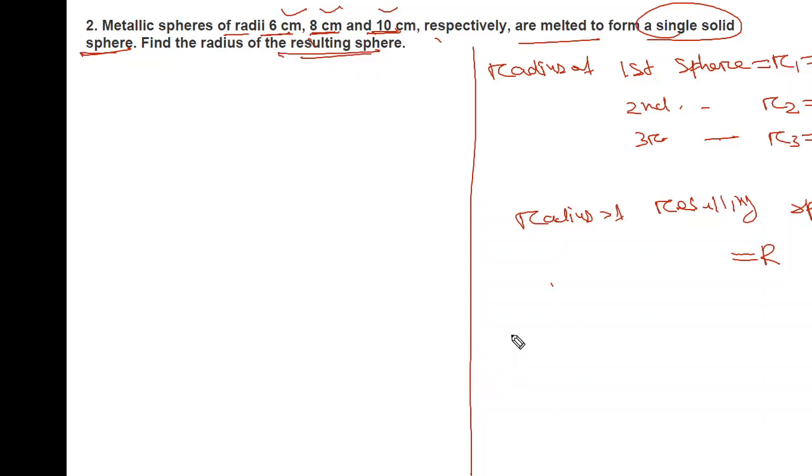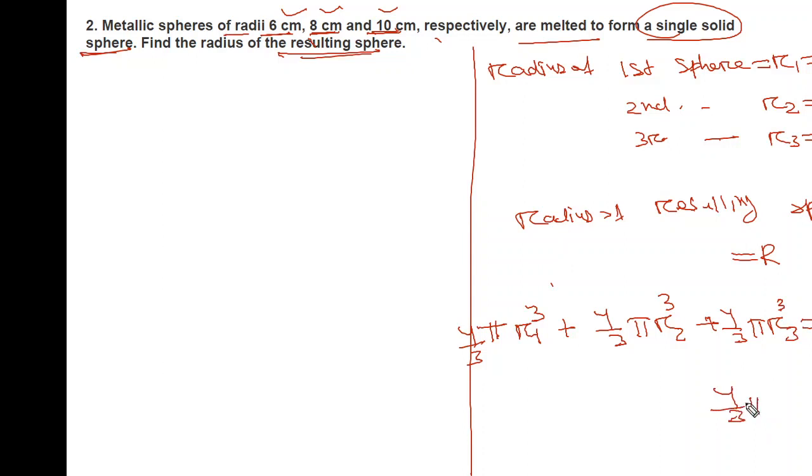So we can write 4 by 3 pi r1 cube plus 4 by 3 pi r2 cube plus 4 by 3 pi r3 cube, where 4 by 3 pi r cube is the volume of a sphere, will be equal to 4 by 3 pi large R cube.